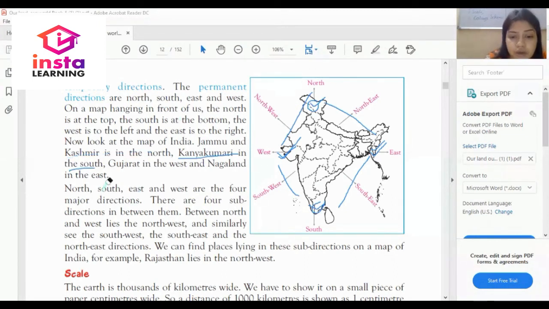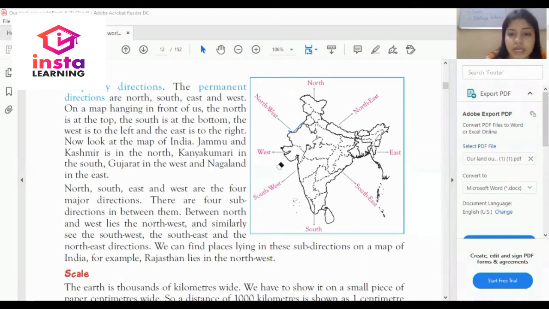So we can find places lying in the sub-directions on a map of India. For example, Rajasthan lies in the northwest. So where is Rajasthan? Rajasthan is northwest. Where is northwest? As you can see on my screen, this is the northwest. Here Rajasthan lies in the map of India.